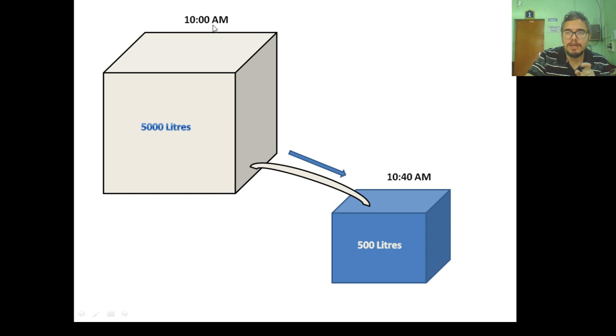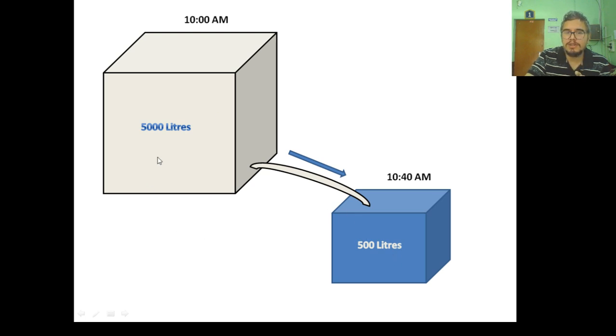In a similar way, if we are asked how much water is there in the smaller tank at 10 a.m., then we will answer that there are 0 liters of water in this tank, because this tank was empty at 10 a.m. And when we ask again at 10:40 a.m., then we say that the storage of water in the smaller tank is 500 liters and the storage of water in the bigger tank will be 5000 minus 500, since 500 liters have been released from the bigger tank to the smaller tank.